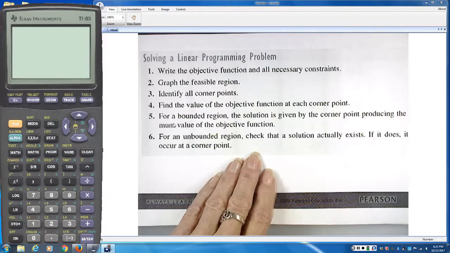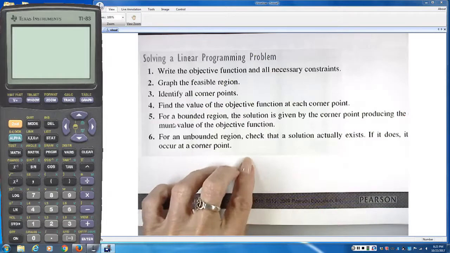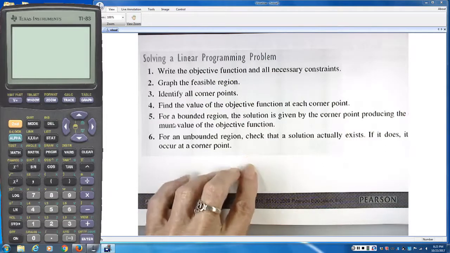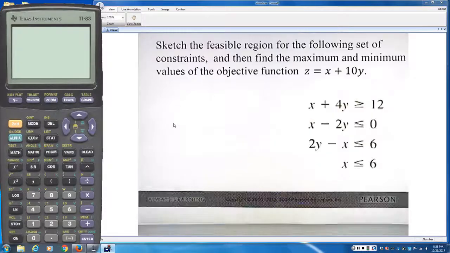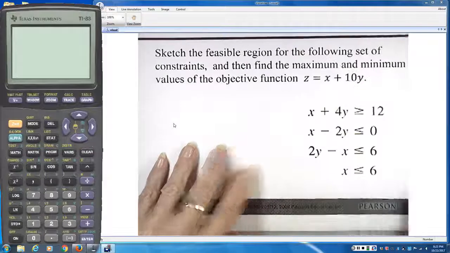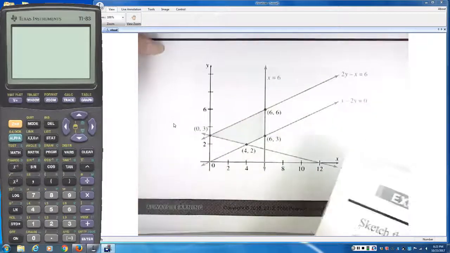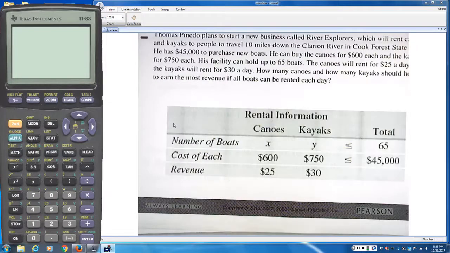Well, I will actually post this slide then in your section 3.2 so that you can put this down so you can follow these steps. Okay, rather than do another max and min problem, I'm going to skip over example 3 and go to an application because it helps to do an application. So we're going to go on into the next section.